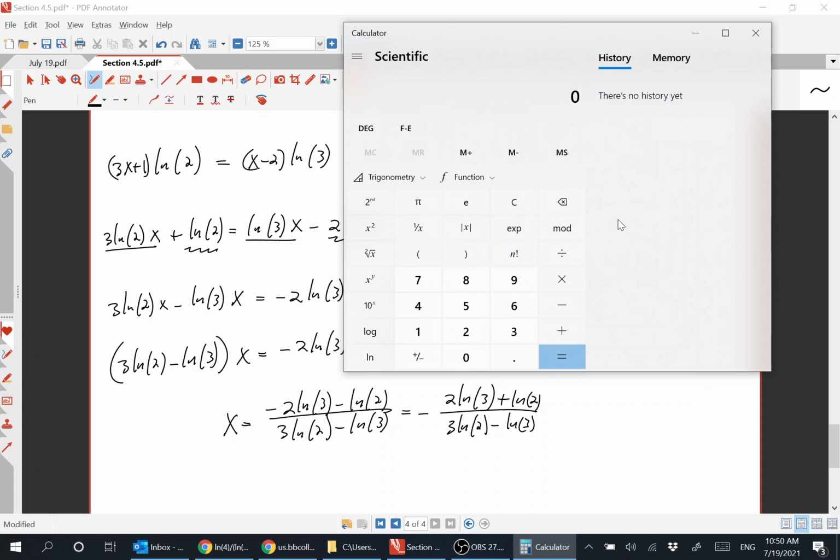All right, so 2 times 3 natural log plus 2 natural log. Okay, so I've already made a mistake. I'm going to need parentheses around that whole expression there.